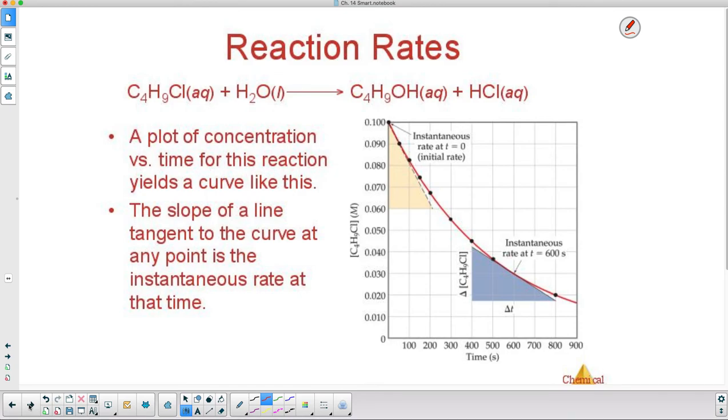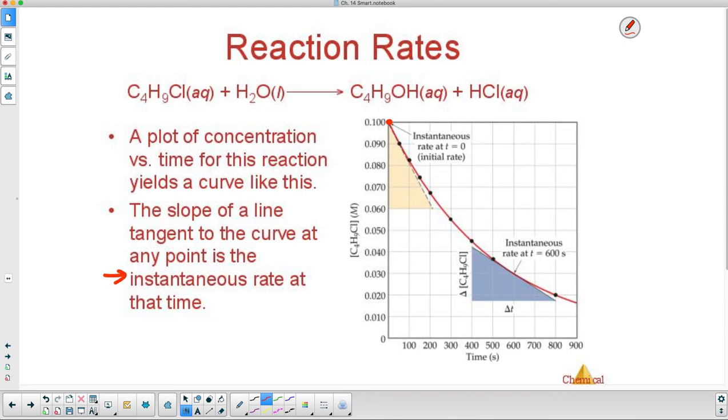And what they did was, when they graphed it, they took the very first point here at 0 time, and they drew a tangent line, and then figured out what the slope of the tangent line is. So you plot the concentration versus time, and this reaction yields a curve like this. The slope of the line tangent to the curve at any point is the instantaneous rate, not the average, but the instantaneous rate at that time.